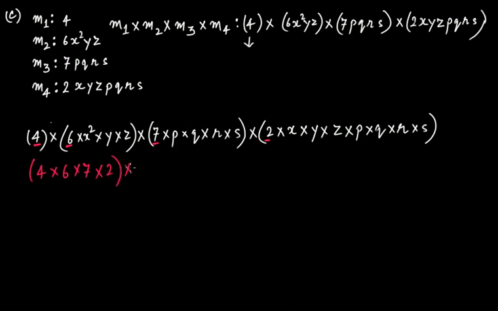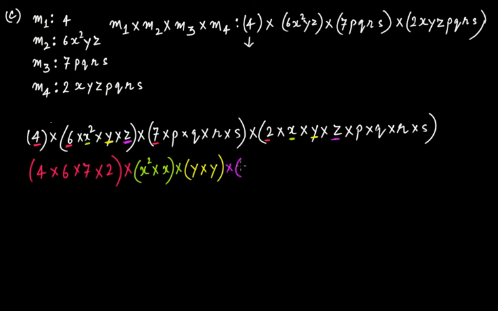Then multiplied by, here you have x squared and here you have x. So just look at the variables. If you find the same variables, group them together and multiply. So this is x squared multiplied by x, then multiplied by y multiplied by y, and z multiplied by z.